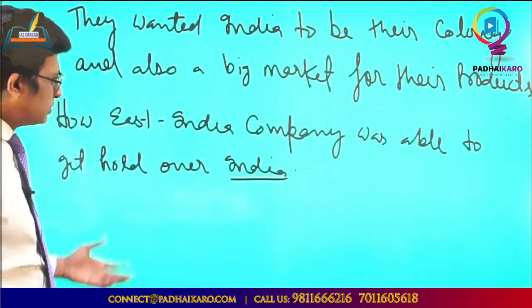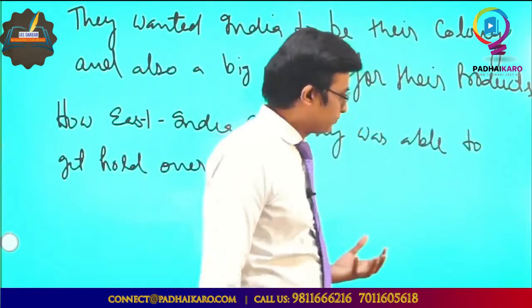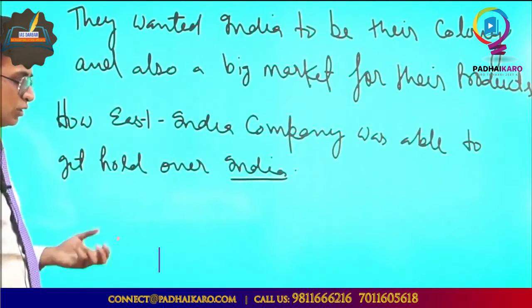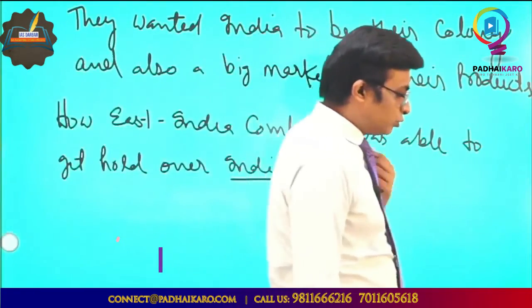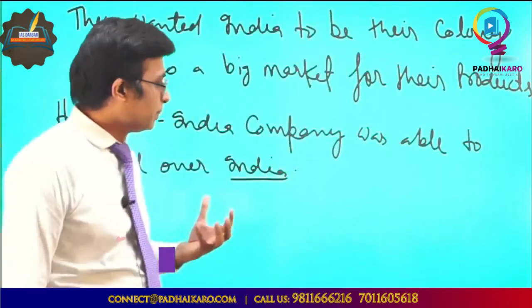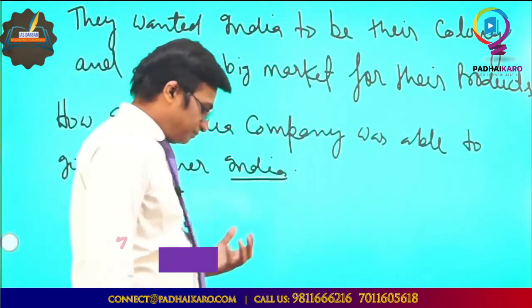What was the reason behind that? While the French came, while the Portuguese came, while the Dutch came, all people came, but why was it the East India Company who was able to get hold over India?